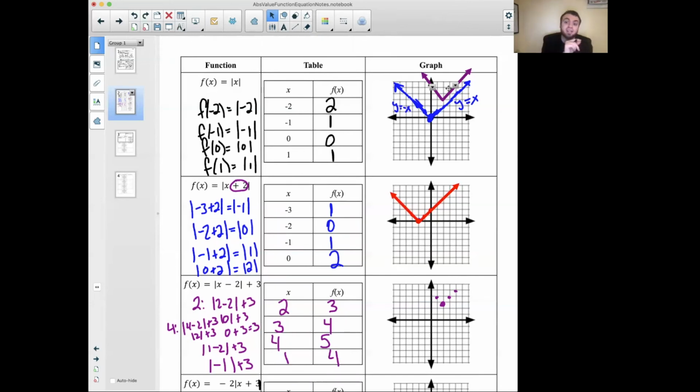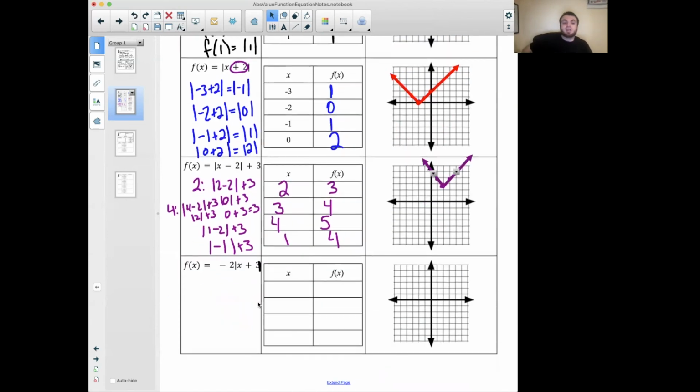Notice the -2 moved me to the right, whereas in the previous graph, I moved to the left, and I moved up 3. As with exponential functions, the +3 moved me up, which is what I would expect. And the -2 in the bars did the opposite. You'd think the -2 would move you to the left because the negatives are on the left, but it actually moves you to the right.